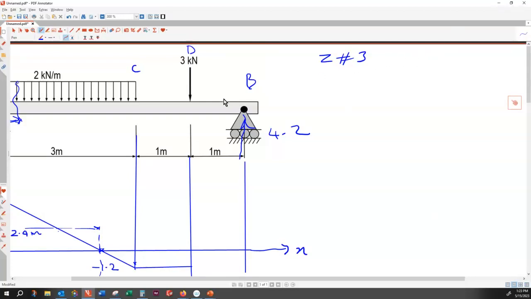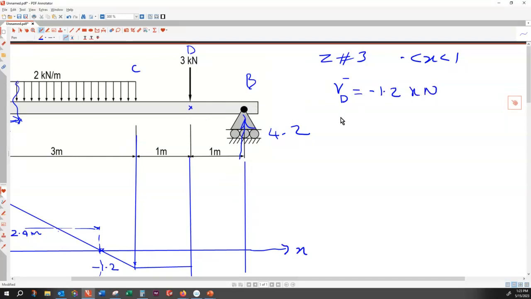Thank you, Darcy. In the third zone, again, I bring the coordinate system here, so my x would change between 0 and 1. The shear force on the left, I call the shear force D minus. This is the left hand side of point D, and that is equal to minus 1.2 kilonewton.